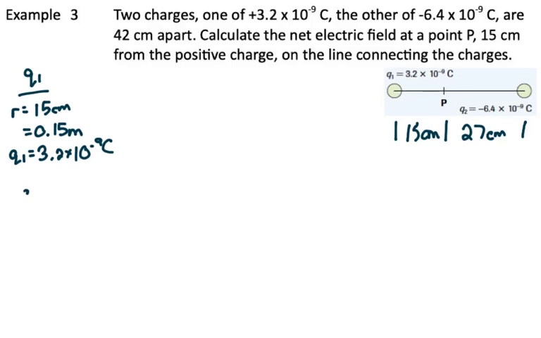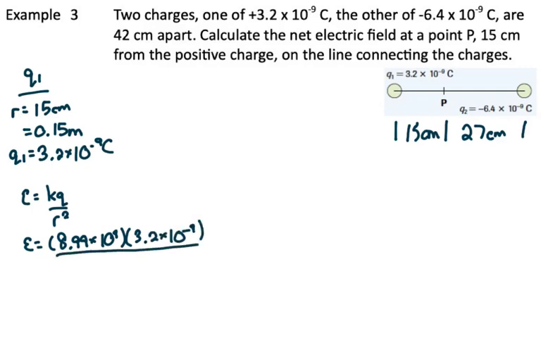Going to the formula, epsilon equals KQ over R squared, which would be 8.99 times 10 to the 9th times 3.2 times 10 to the negative 9th over 0.15 squared.